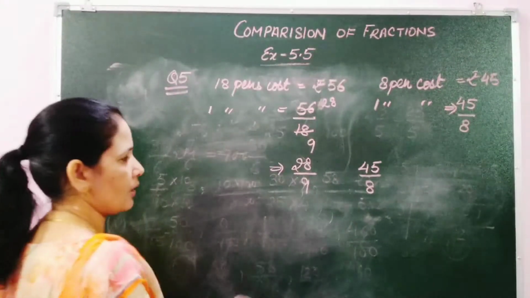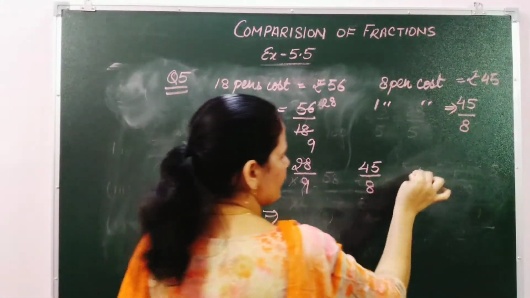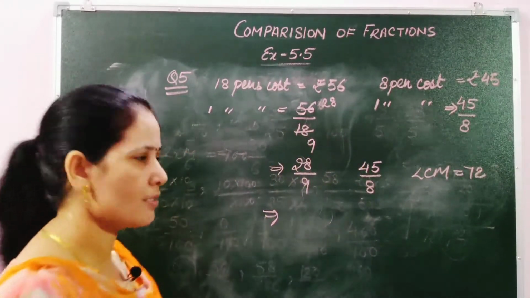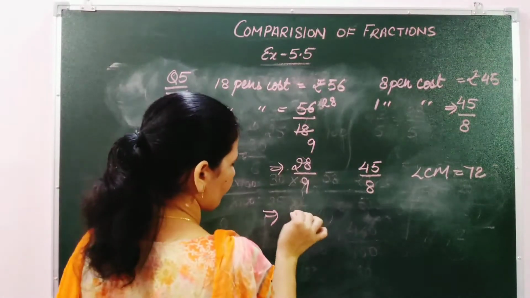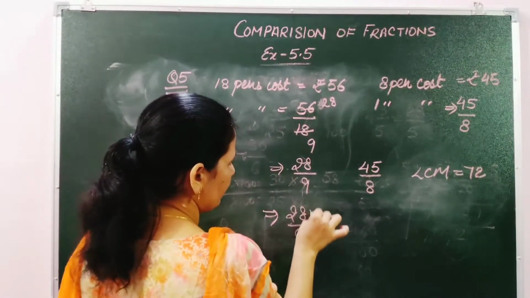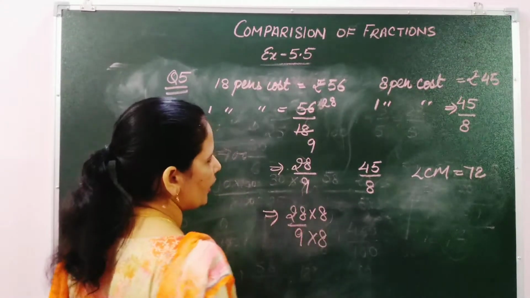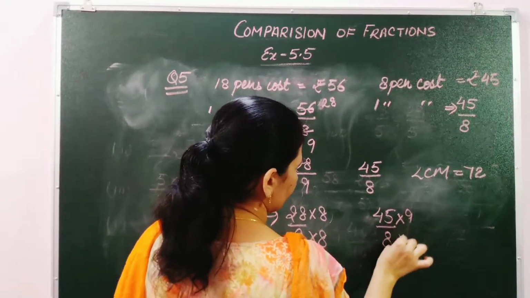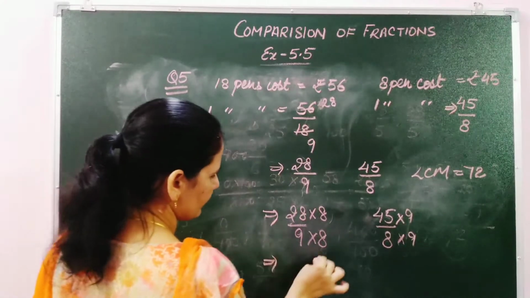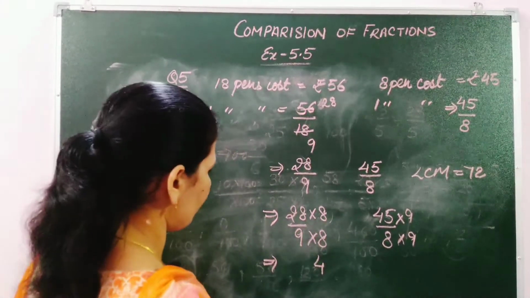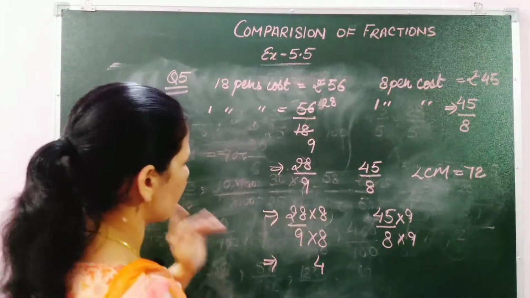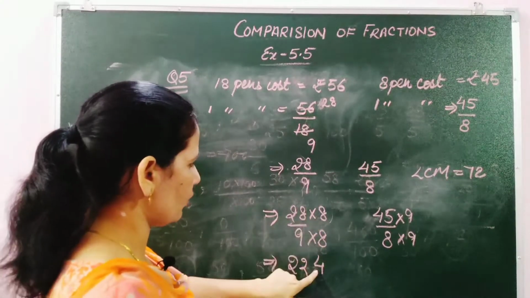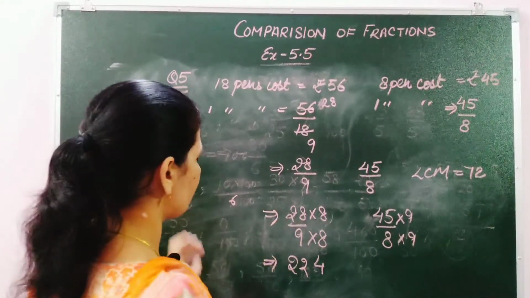Now first convert into like fractions. LCM here is 9 8s are 72. So students, here LCM is 72. So first 28 by 9 multiply by 8, okay, and 45 by 8 multiply by 9. 8 8s are 64, carry 6. 8 2s are 16, 16 plus 6 is 22.